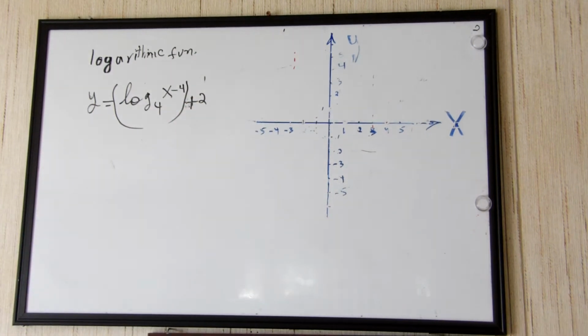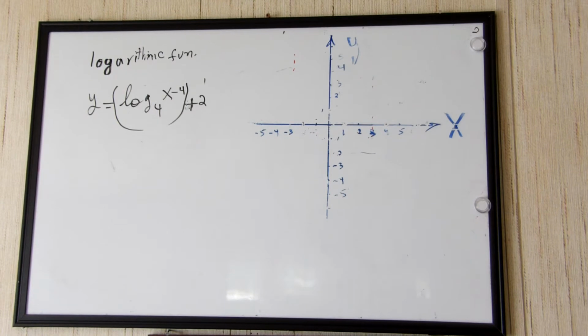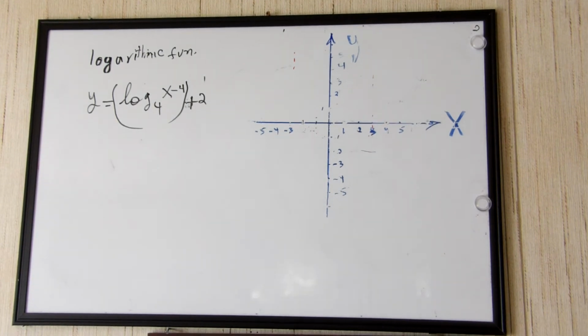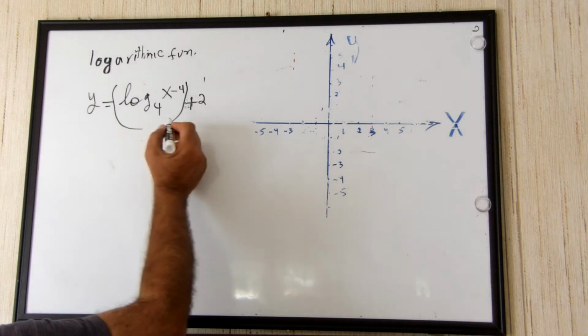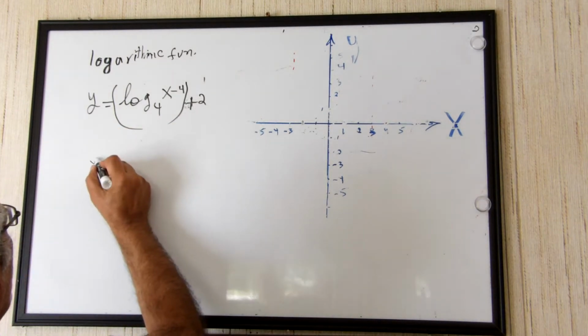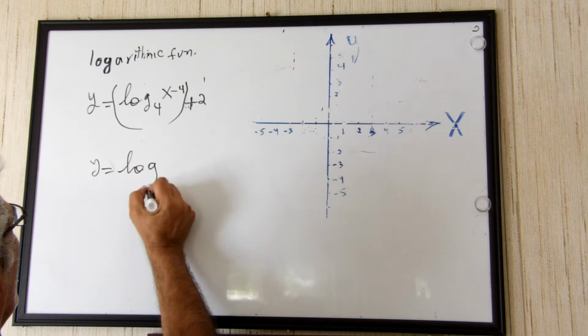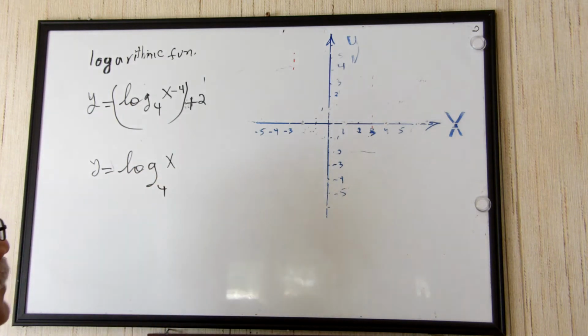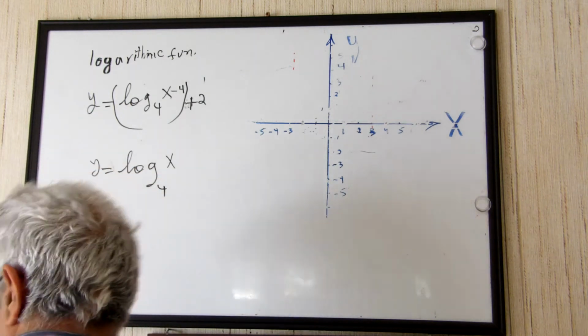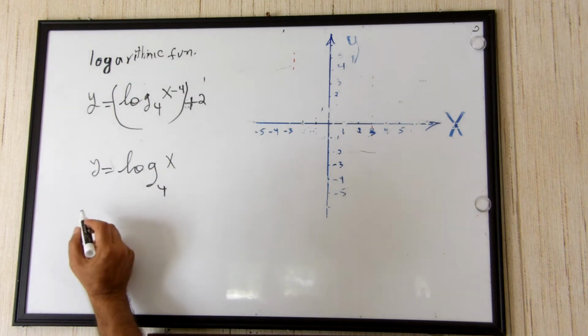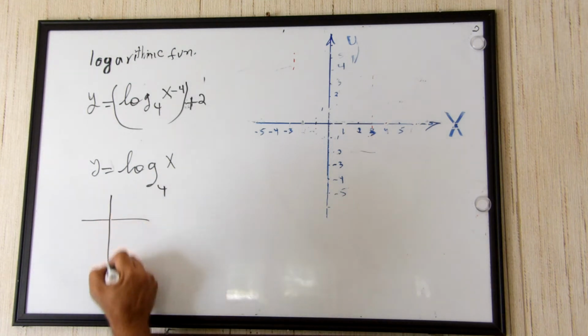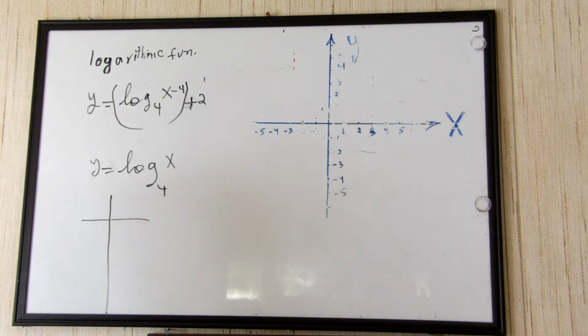First of all, graph y is equal to log 4 to the power x, the simple one. How do we graph this one? We give values to x.